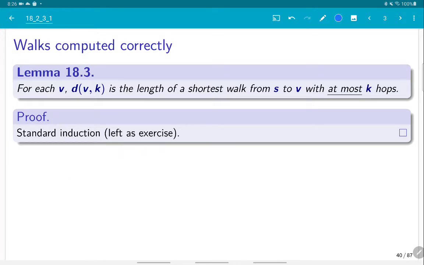Maybe you don't know, so let me say that. You start with the source, and for value 0, only the source has a path of length 0, so the base of the induction is obvious.